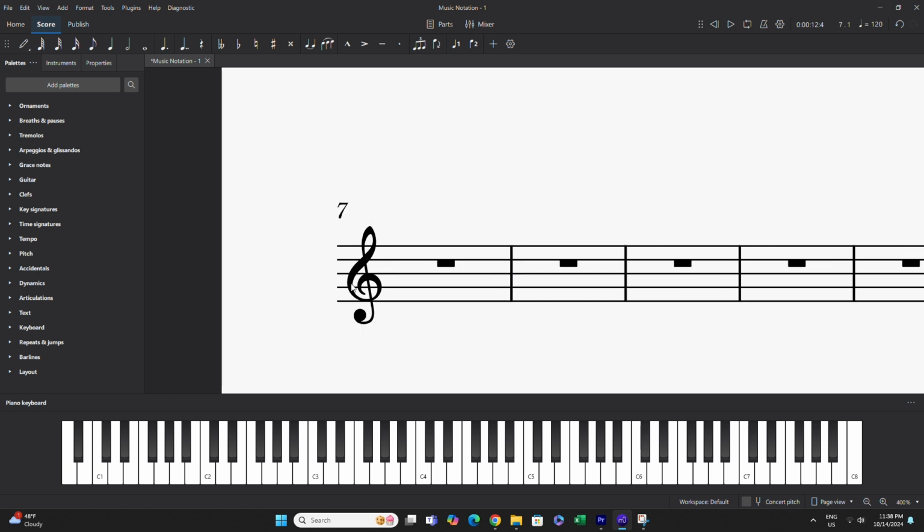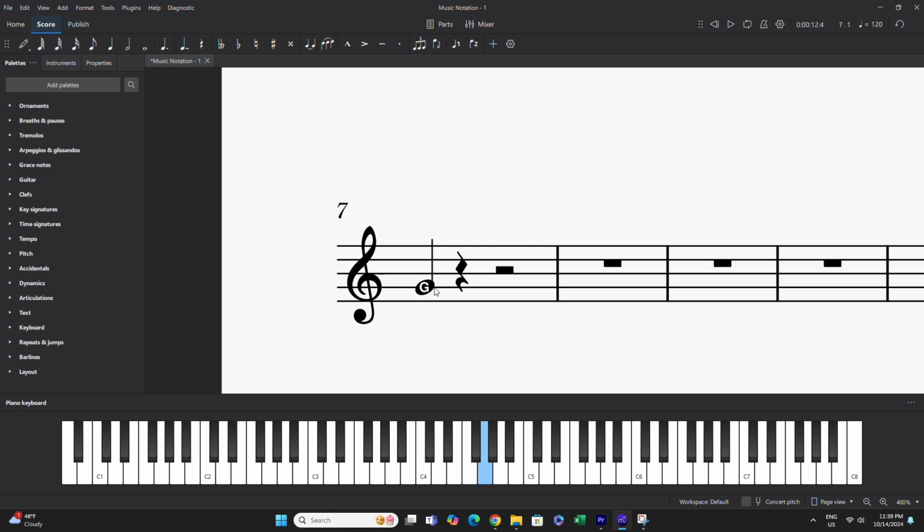The treble clef is also known as the G clef, and that's because this curl that happens at the end is centered around the second line on the staff. And that line is always where the note G is going to be depicted. So let's put a note on there. As you can see, I've written in the pitch, the note name, which is a G, to make it easier to visualize.